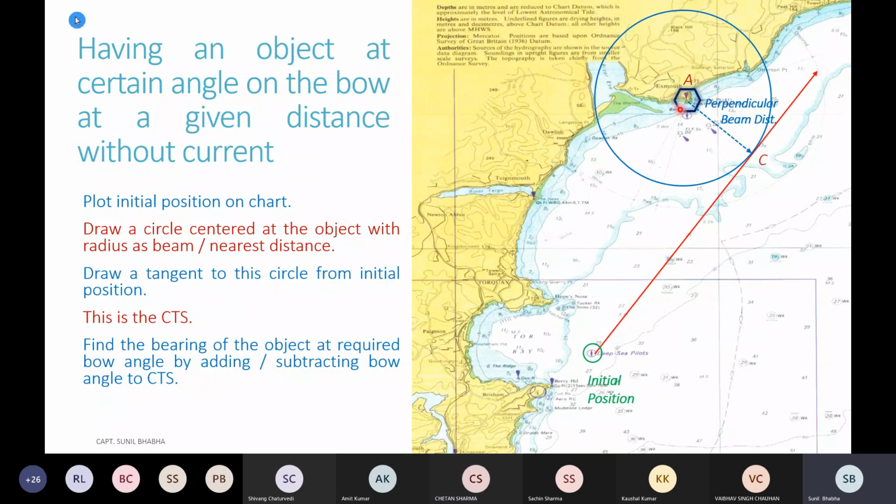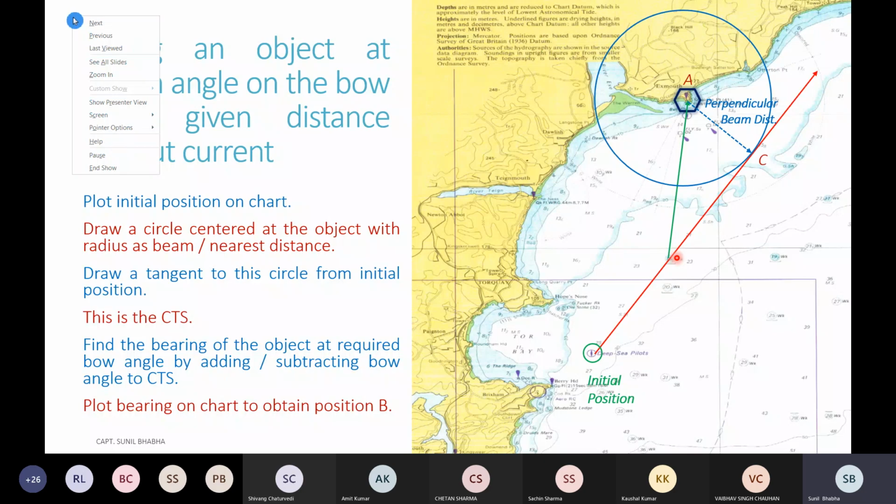So we will obtain the bearing of the lighthouse. Once the bearing is obtained, we draw that bearing line passing from the lighthouse. So let's plot it on the chart. You can see this bearing line plotted on the chart now. Now the point which meets our CTS.